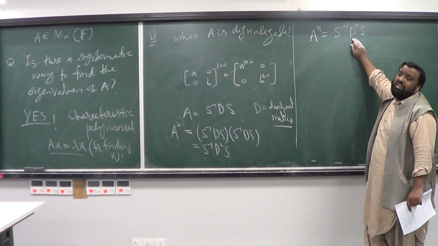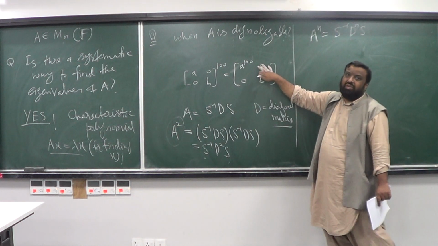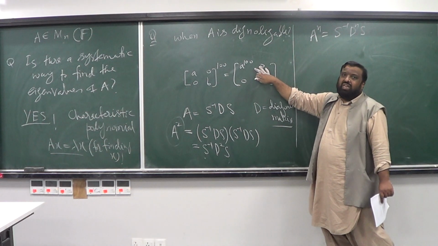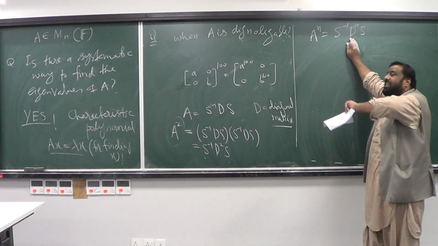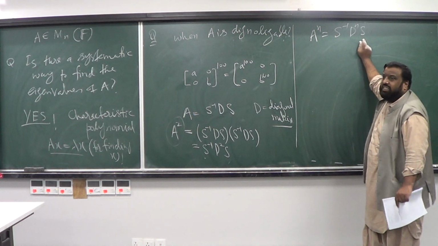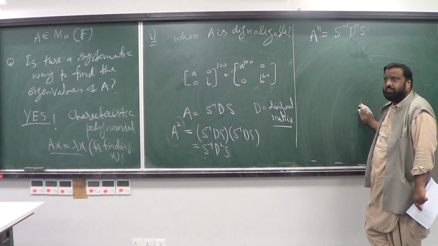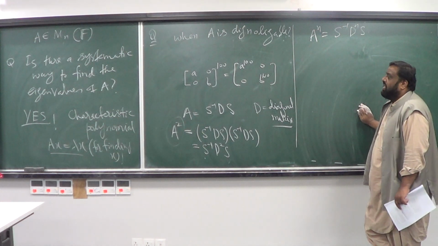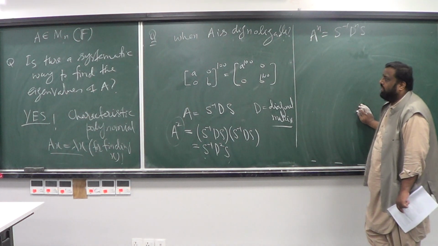Since D is a diagonal matrix, you can quickly compute its power. D to the power n is obtained by taking the diagonal entries and computing their power n, and multiplying with S inverse and S gives you A to the power n. So this is the benefit.